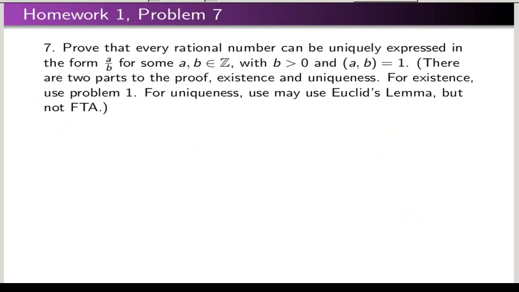Number 7. Prove that every rational number has a unique expression in reduced form A over B, with the denominator positive and A and B relatively prime. So there's an existence and a uniqueness part.